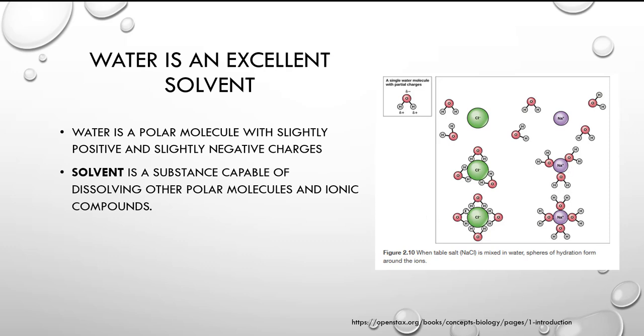Now we have a completely dissolved salt. NaCl is no longer NaCl. The chlorine is surrounded by water, the sodium is surrounded by water, so it's completely mixed in. Water is an excellent dissolving agent, or a solvent.